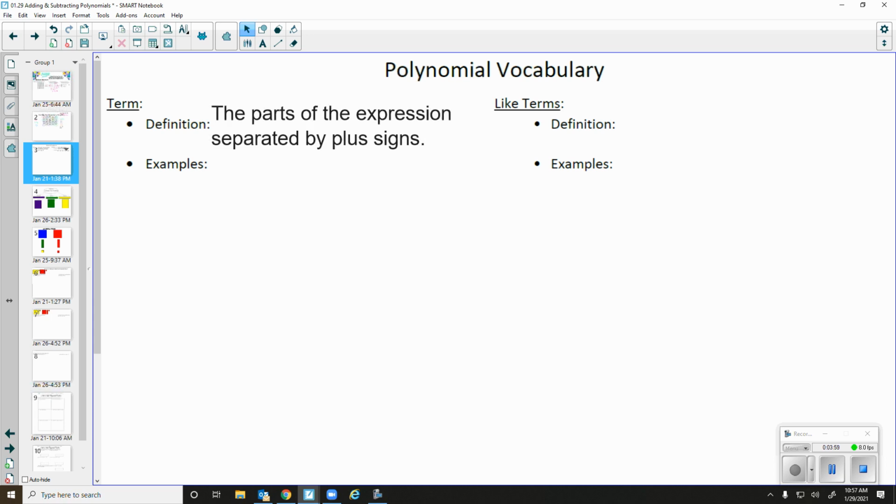A term is the part of an expression separated by plus signs. It could also be minus signs, because a minus sign is adding a negative, so technically it's a plus or minus sign.